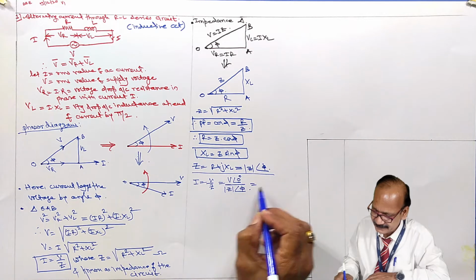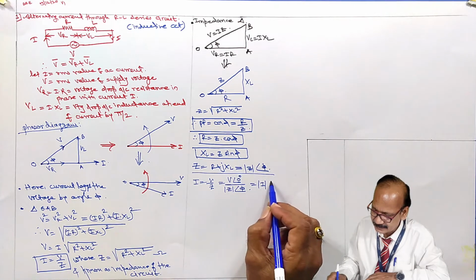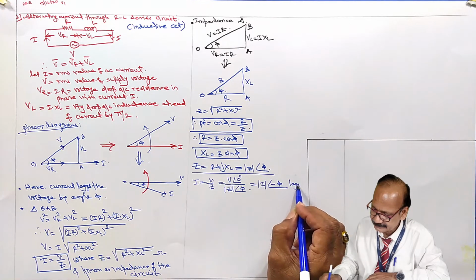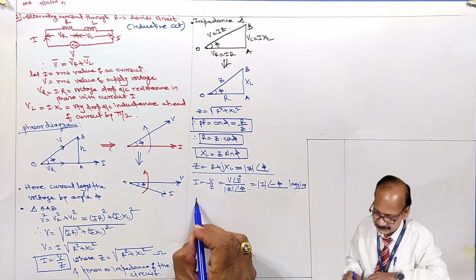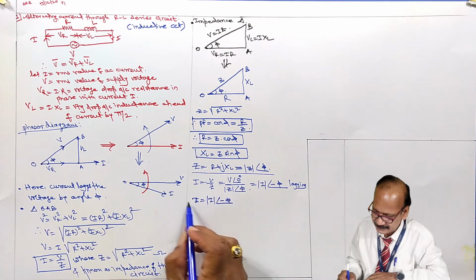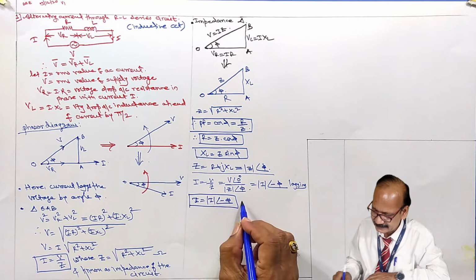The ratio of V by Z is mod I angle minus phi, so I equals mod I angle minus phi. The minus sign indicates that the current is lagging.